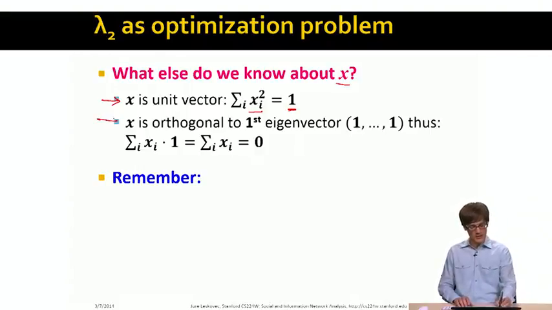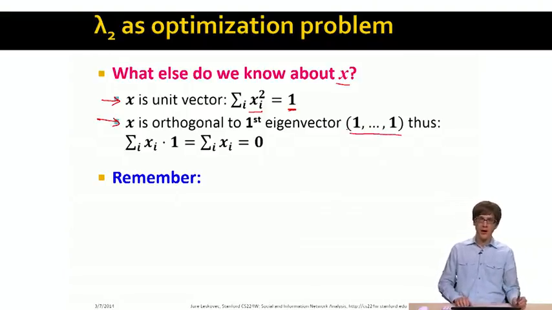The second thing we also know is that X is orthogonal to the first eigenvector. We have already convinced ourselves that the vector of all ones is an eigenvector of our Laplacian matrix L, and that the corresponding eigenvalue has value 0.